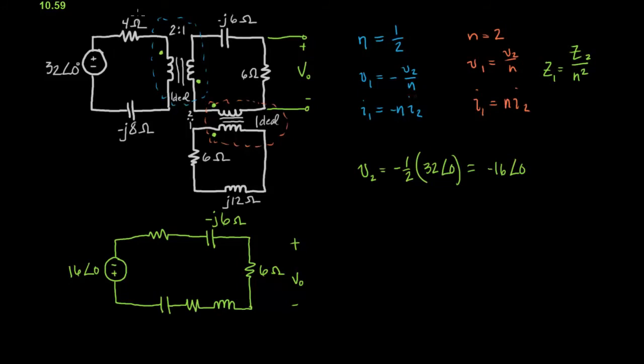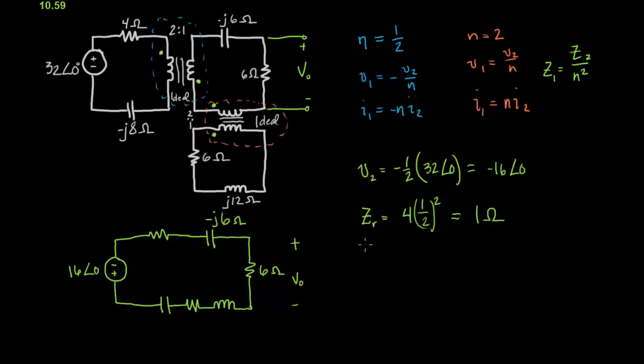Okay, so Z1 is 4. Let me just explicitly say what we're doing here. Z for the resistor is going to equal 4 times n squared, times 1/2 squared. So that's 1/4 times 4. This just equals 1.